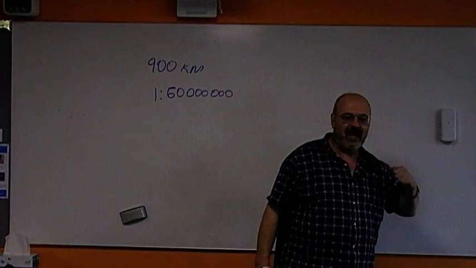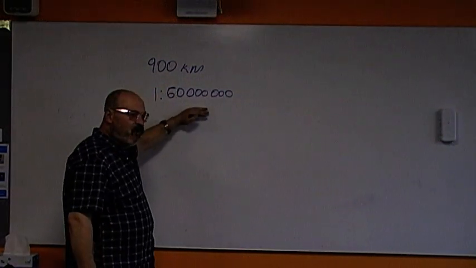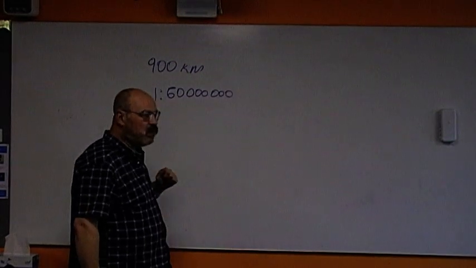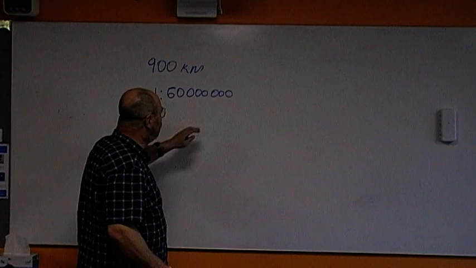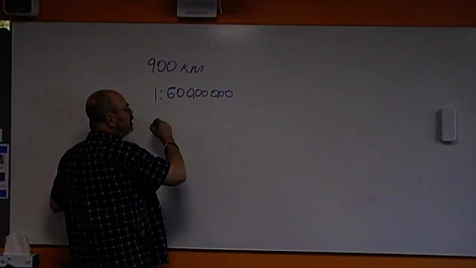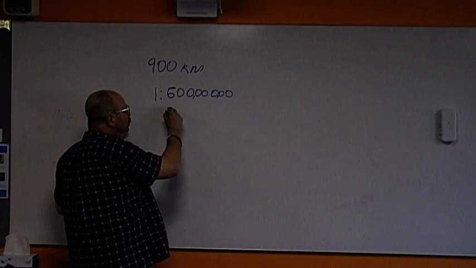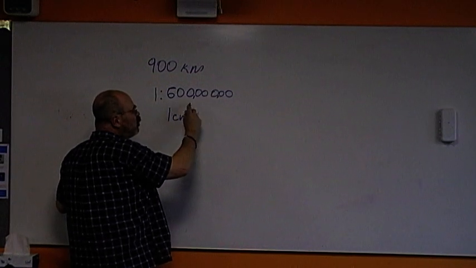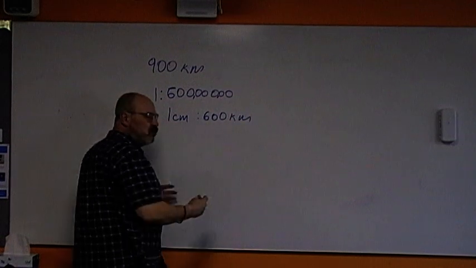Okay. So this is the scale of the map. What will be the distance on the map between Melbourne and Sydney? First, let's turn this into kilometers. 60 million centimeters is 600 kilometers. So 1 centimeter on the map corresponds to 600 kilometers in real life.